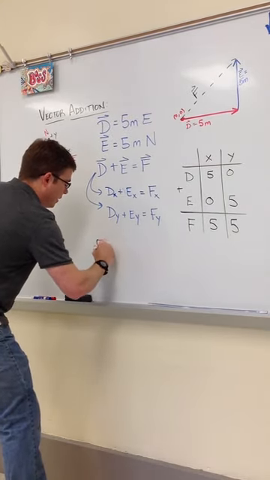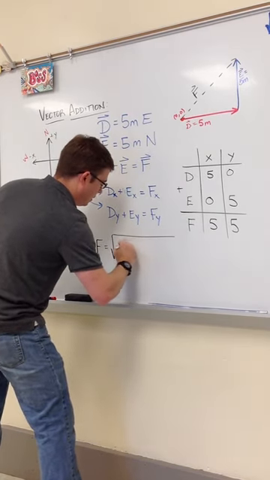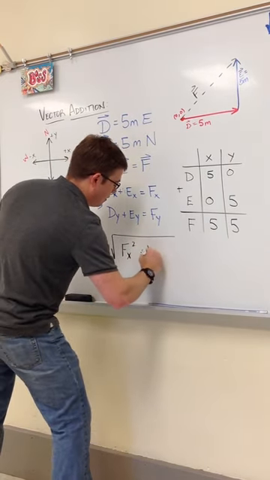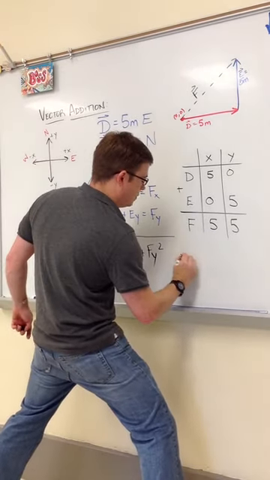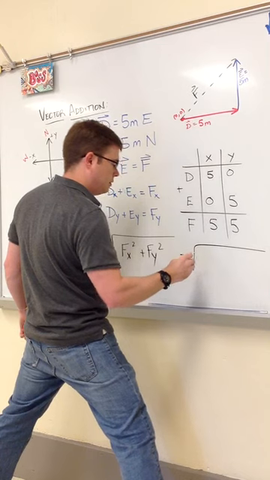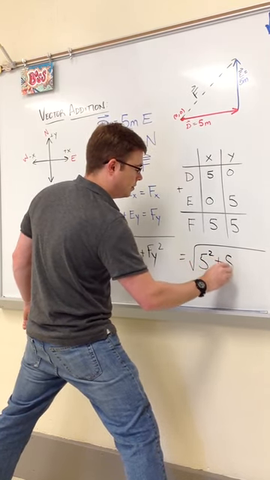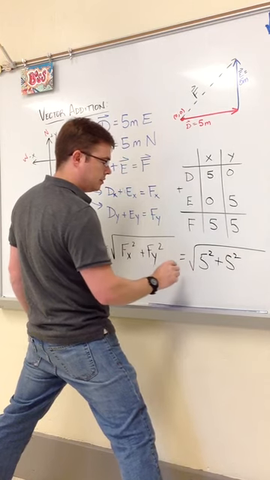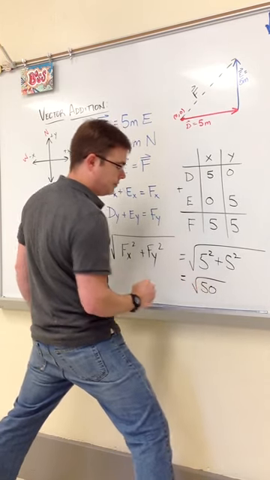Okay, so the value of F is going to be the square root of Fx squared plus Fy squared, which is 5 squared plus 5 squared, which is the square root of 50.